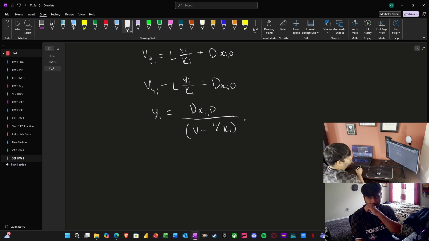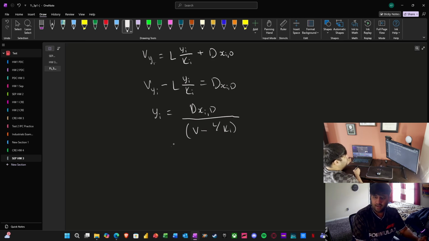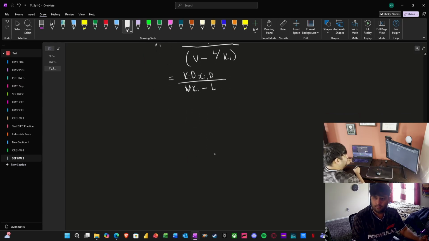And we can go ahead and get rid of this ki by dividing both ends. So we get ki d xi d over e times ki minus L. And we're going to go ahead and divide the ki by kr.